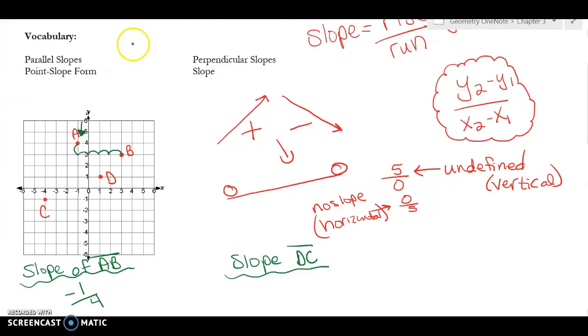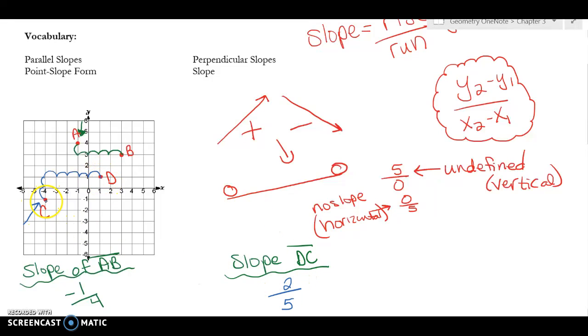All right, I'm going to change colors real quick to do DC. To go from D to C, again, I always start on the point on the left. It doesn't matter if it says DC. Remember that CD is the same as DC. So I'm still going to start at the C because it's on the left. And I have to go up 1, 2. So I rise 2, and I go over 1, 2, 3, 4, 5.